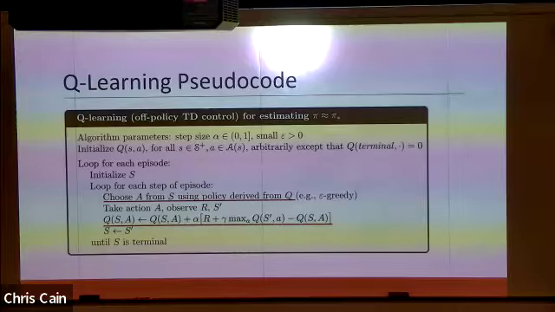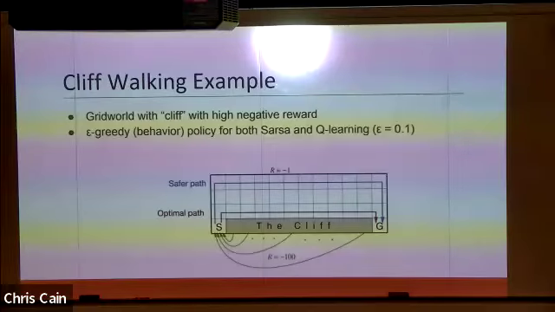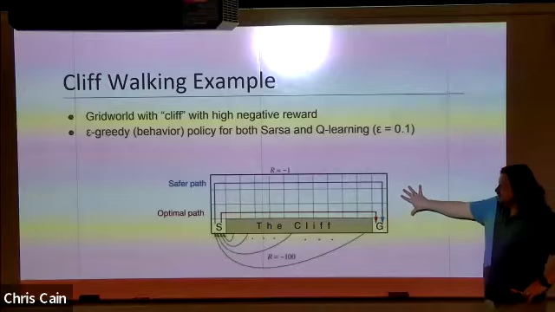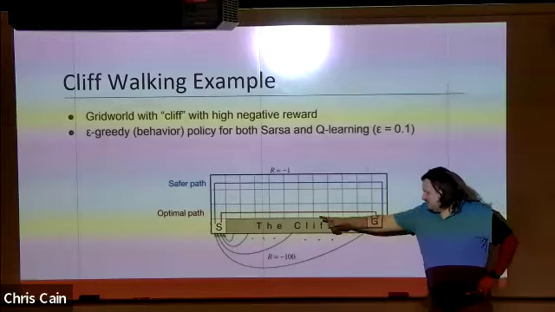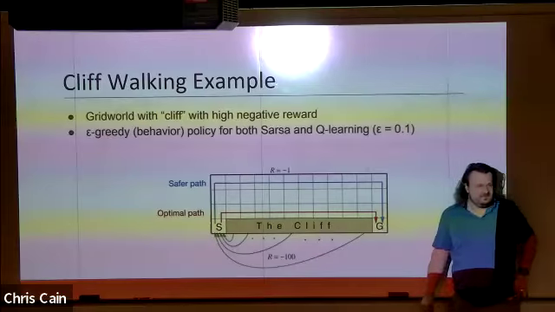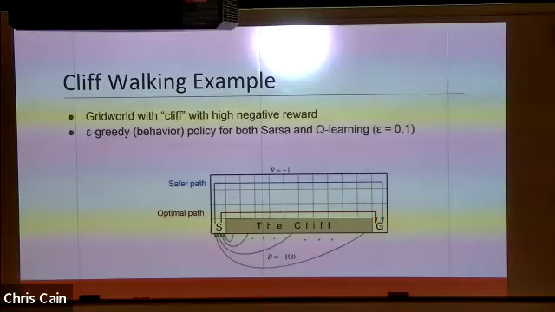Let's illustrate with another example. We're going to compare SARSA and Q-learning with the cliff walking example. So this is another grid world where the bottom row of the grid world, minus the start and the goal, is called the cliff. If you enter the cliff for any reason, you immediately get a score of -100 and the episode restarts.